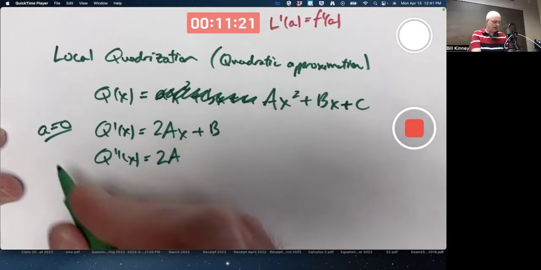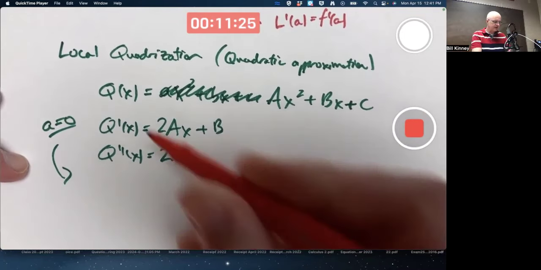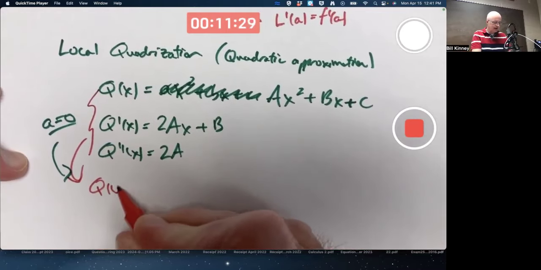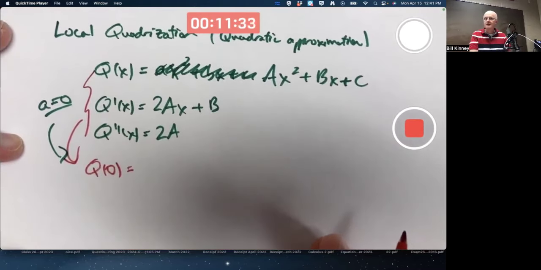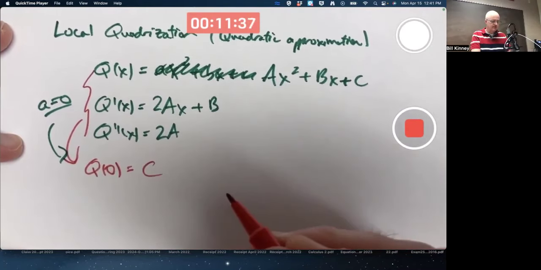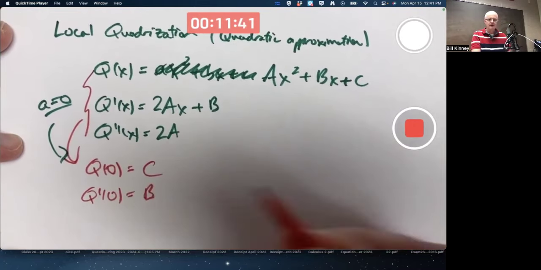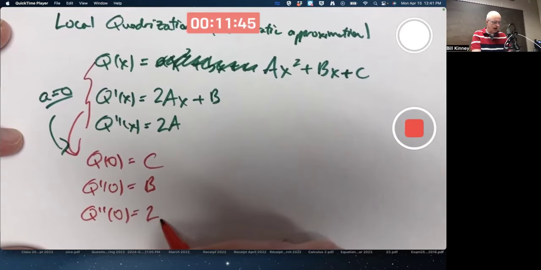Now plug in x equals 0 into all three functions. What happens? In each case, everything but the constant term goes away. Replace x with 0. Q of 0 is C. Q prime of 0 is B. And Q double prime of 0 is 2 times A.